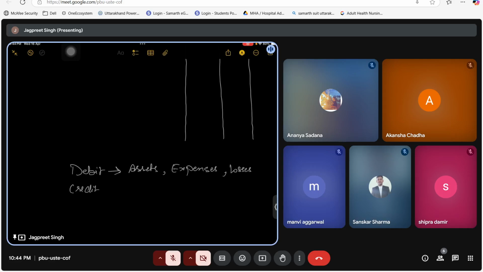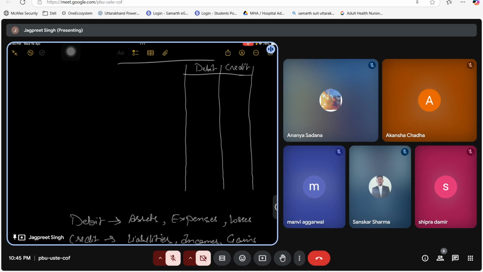And on credit side, all liabilities, all incomes, and all gains, they have to be recorded in the credit side. So we will get data in the trial balance. We will have a few values on the debit side like expenses, assets.